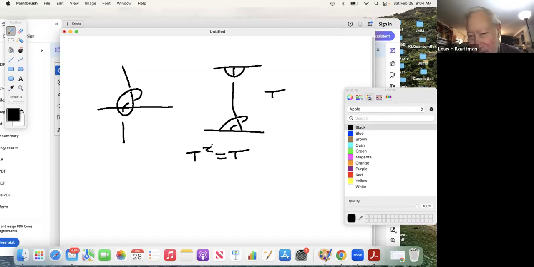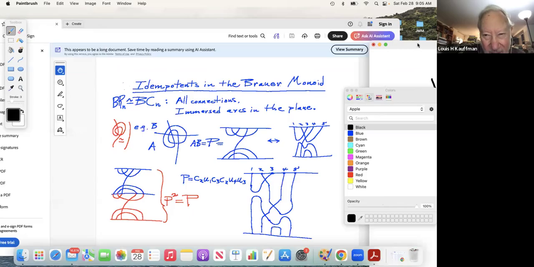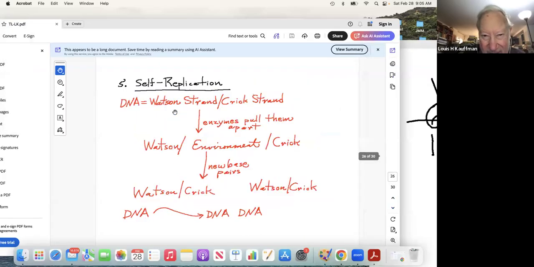So you can build idempotents in all the categories you know if you feel like doing so. And what will be the consequences of that? I don't know.